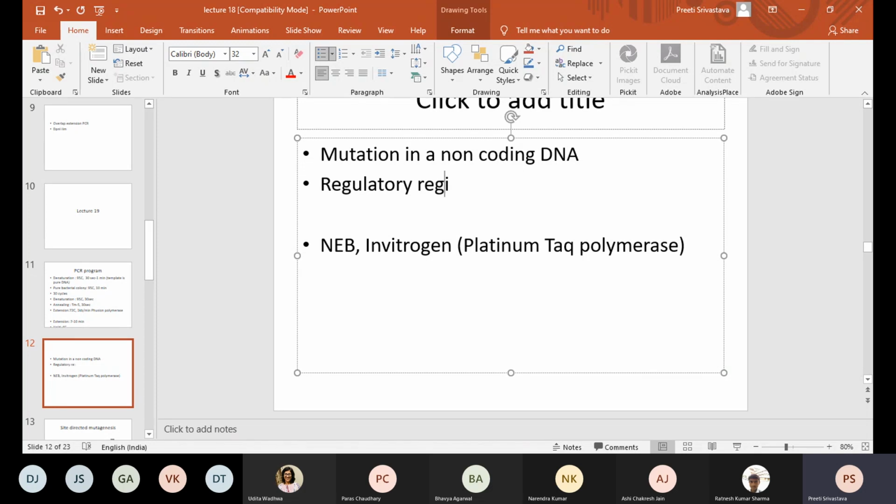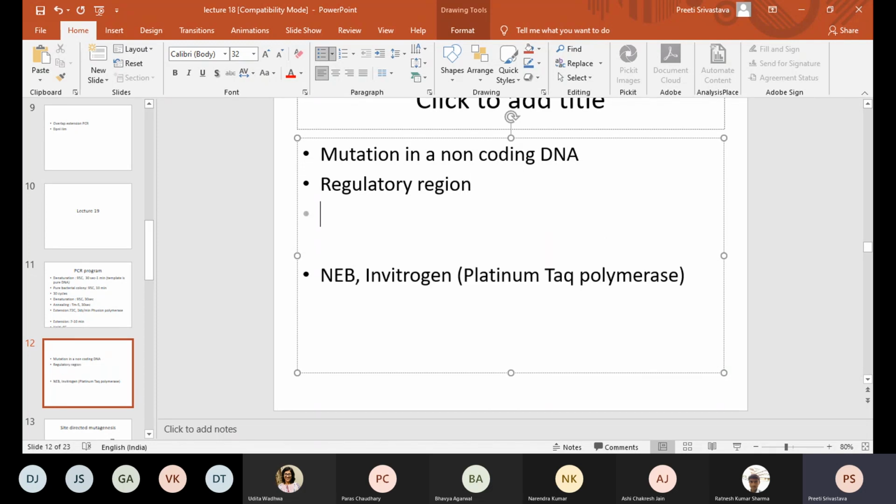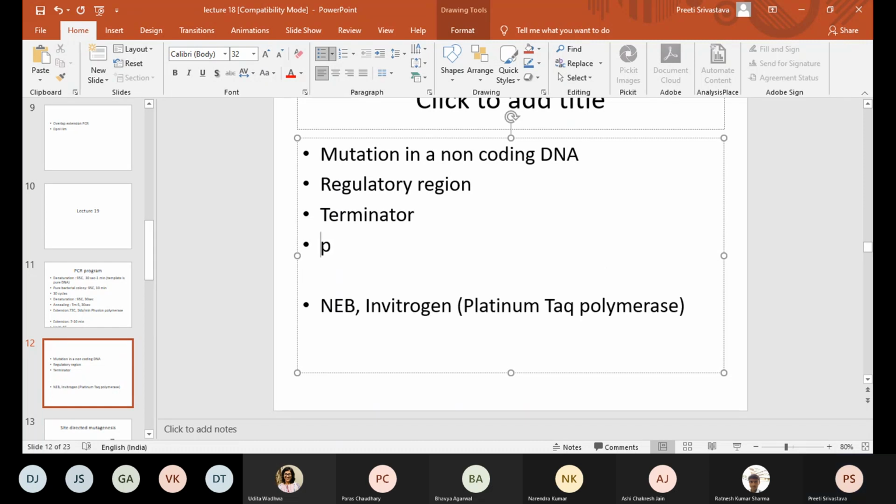This you will learn in detail when I teach you transcription. For example, the transcription has to be terminated, so there are sequences called terminator sequences, and sequences required for the binding of RNA polymerase for initiation of transcription.